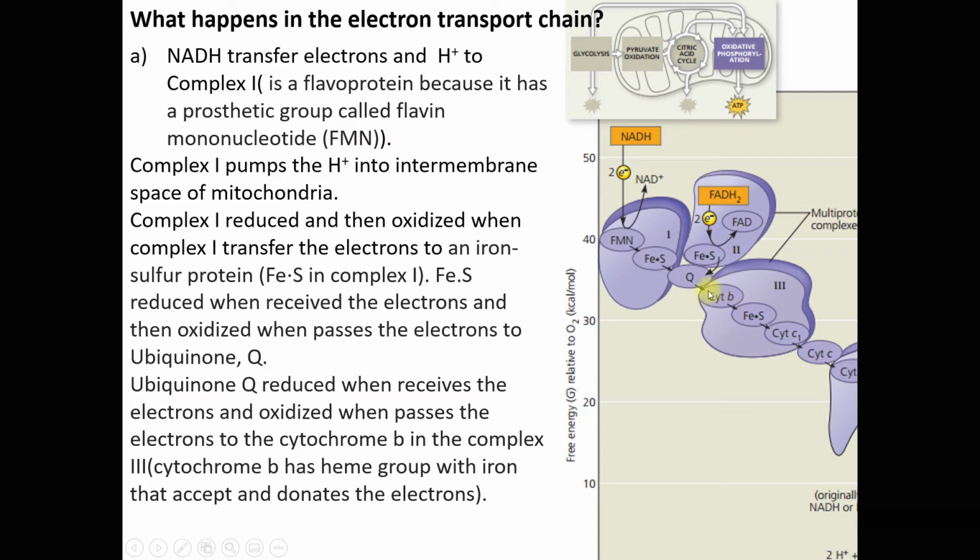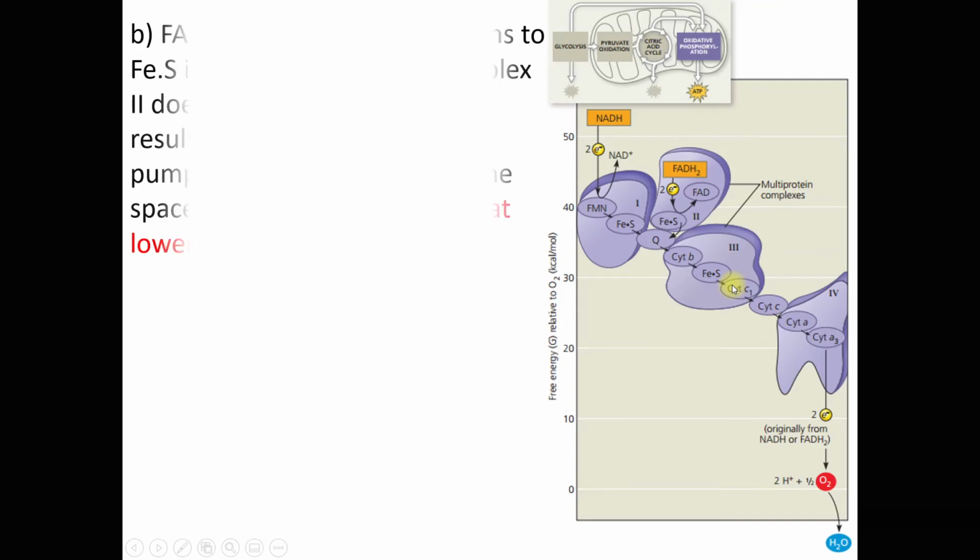So why can this cytochrome B in complex 3 accept electrons? It is because this cytochrome B has a heme group with iron that can accept and donate electrons.